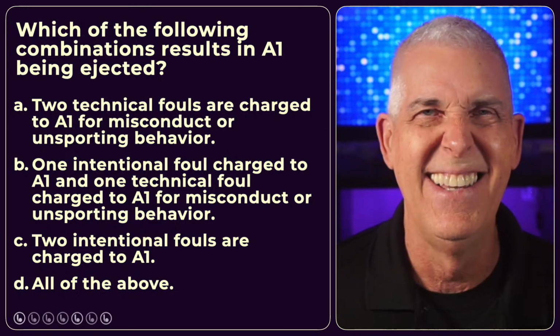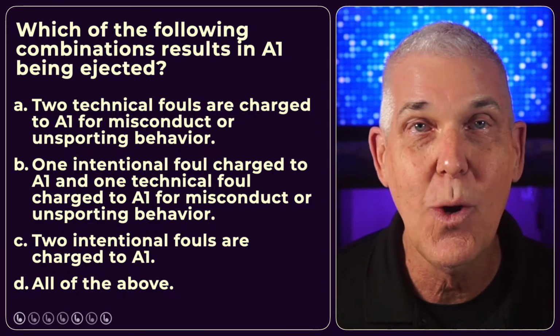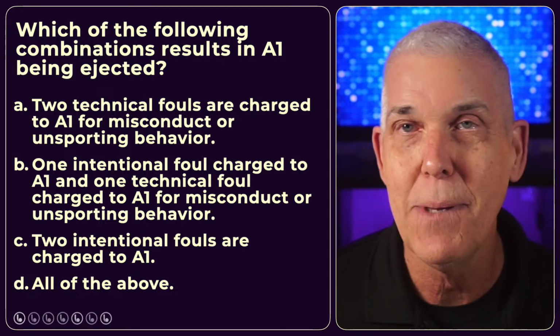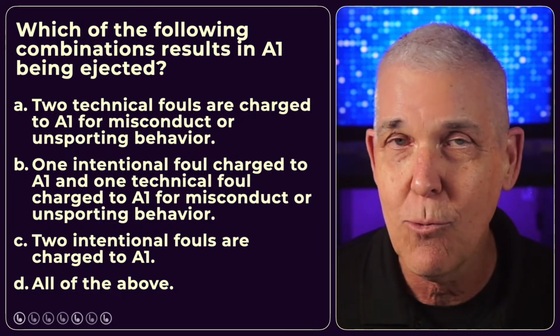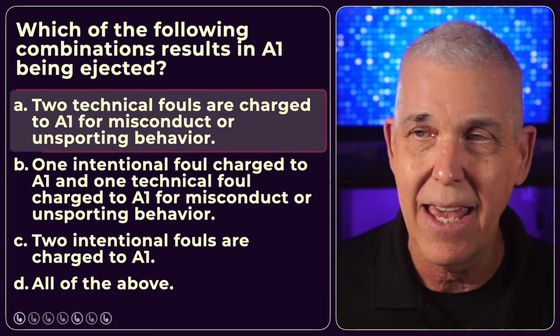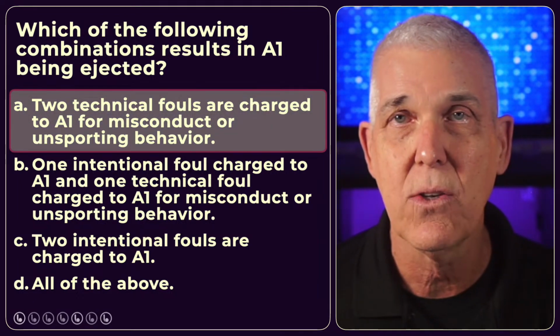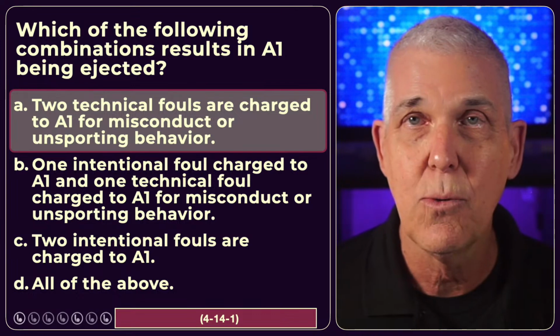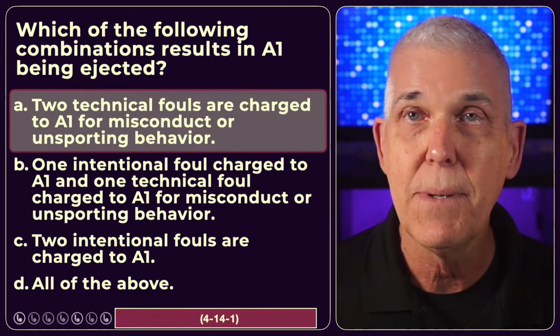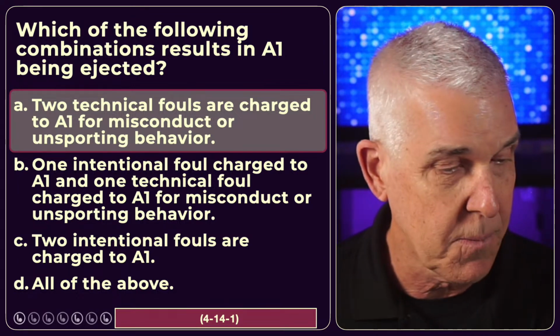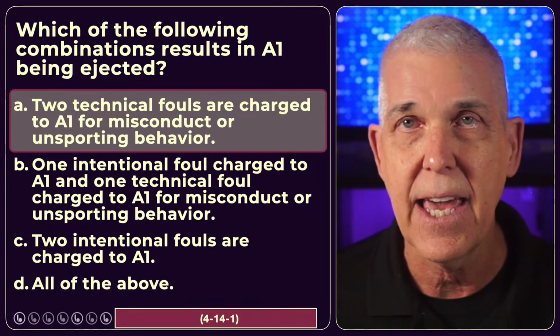So what was the question? Which would result in A1 being disqualified by rule? Our correct answer would be A. If they receive 2 technical fouls using National Federation of High School Basketball rules, they would be disqualified from further participation in the game.